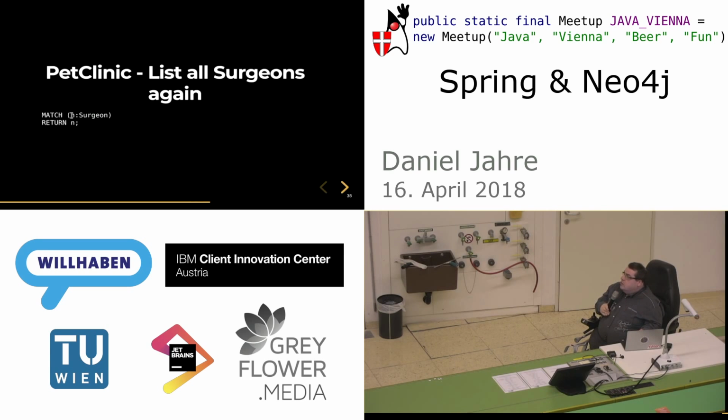This says match all nodes that have the label surgeon on it, and that's it. We don't need join tables and other technical stuff to get there, but just getting a list of nodes with that label. Okay.